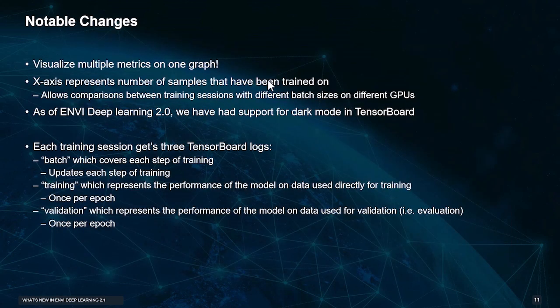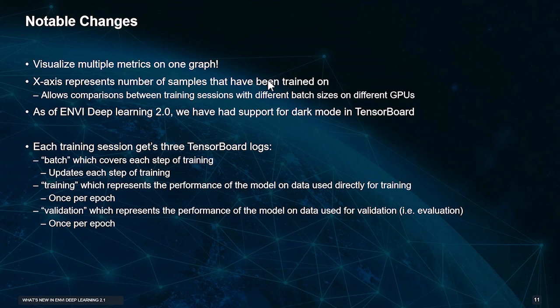So here's a list of the changes that have been made as part of the TensorBoard update. I'm not going to go into detail for everything here, just in an effort of time, but probably two of the big changes are that the x-axis for any metrics reported represents the number of samples that we have trained so far.